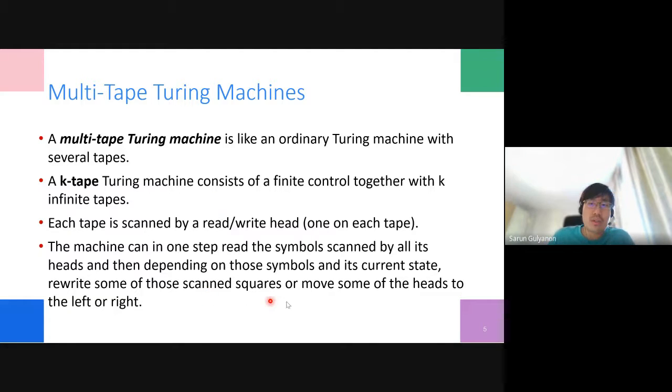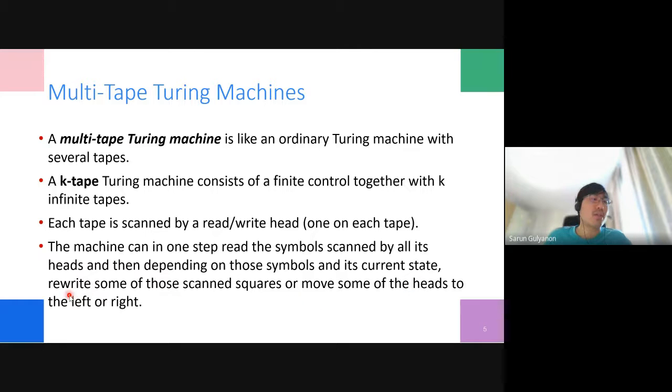What makes it a little more complicated, in my opinion, is that when you have multiple symbols from these multiple tapes, when you update the current state, you also need to take into account all these symbols from every tape in order to transition to the next state.